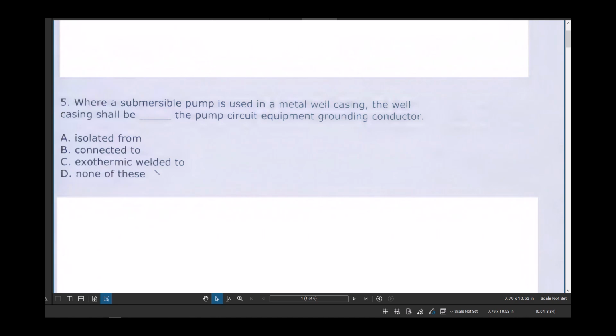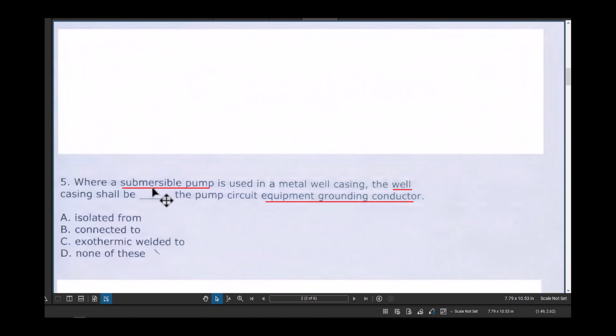If we highlight the keywords, we have submersible pumps, well casing, and the main area is equipment grounding conductor, which we try to find related to this question. These three options generally help us find either the wells or equipment grounding conductor.